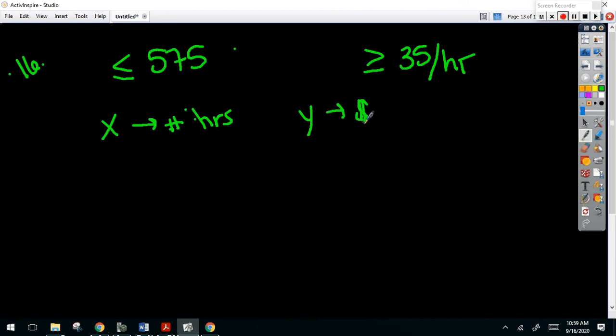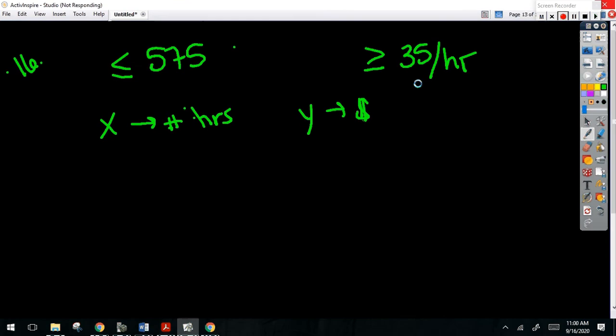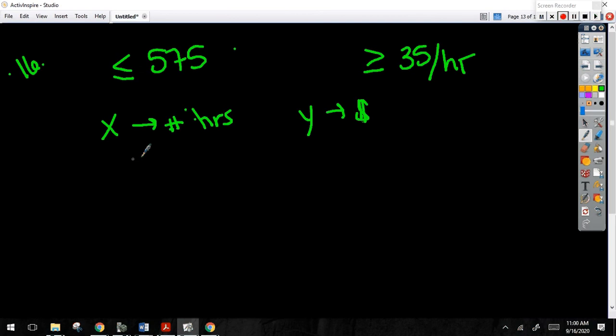Does that make sense? Okay. And then, but I also have to take into account that X needs to be greater than or equal to 35. Does that make sense? Yeah. All right.